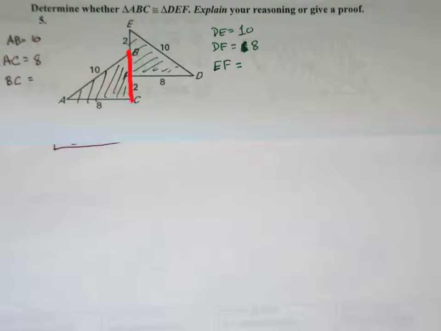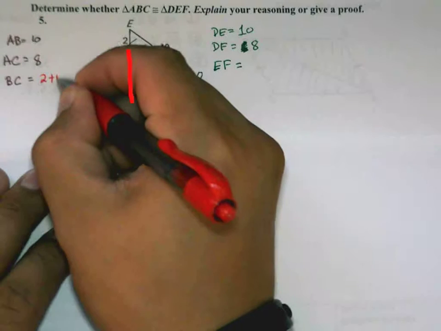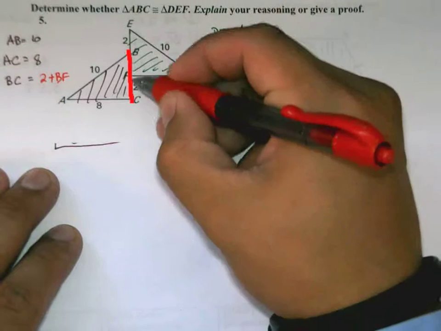We have a part of BC that's equal to 2, and then the other segment is equal to BF. So BC is equal to 2 plus BF. This part here is 2, this part here is BF.